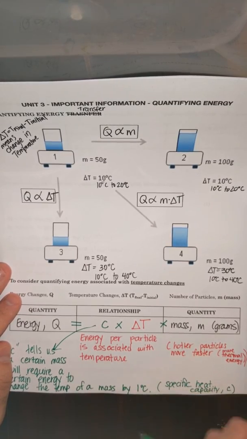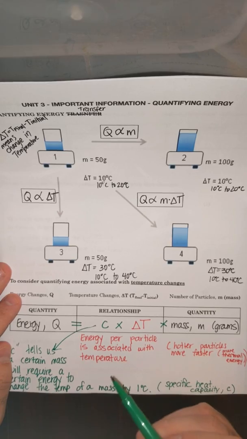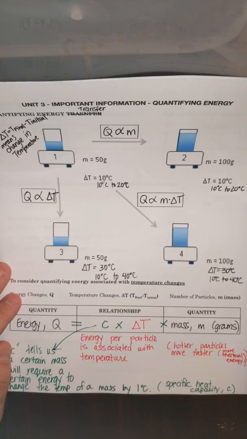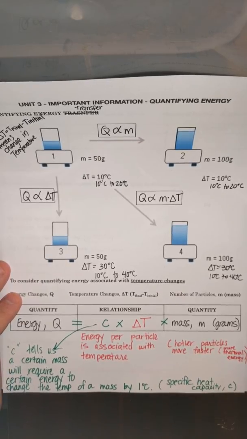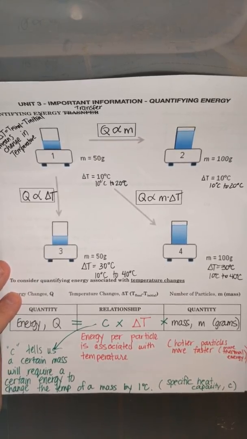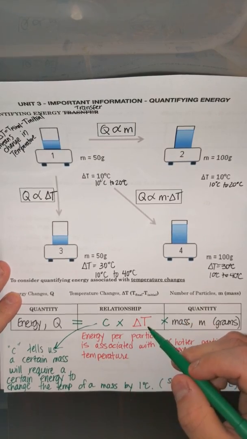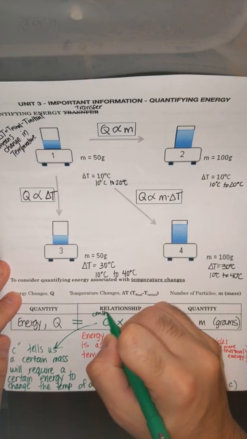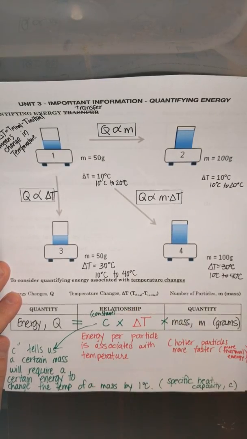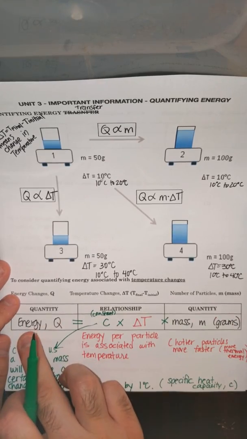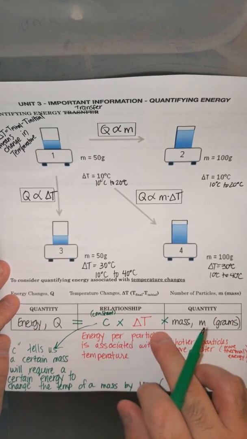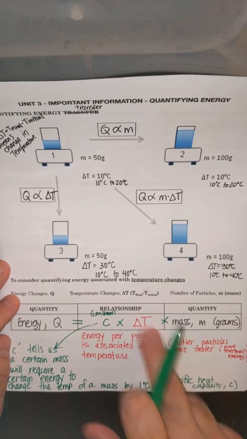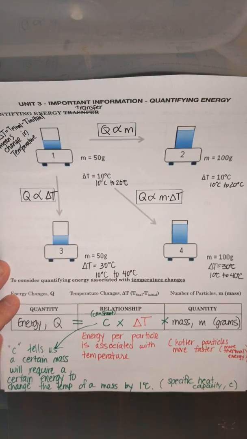And I need one more relationship that's going to help me go from mass and change in temperature to energy, and that's specific heat capacity, C. So I have some quantity that's going to relate change in temperature to mass, and this is going to be a constant. All right, so I have the beginnings of an equation. Q is going to be equal to C times delta T times mass. This C relates change in temperature and mass to energy.